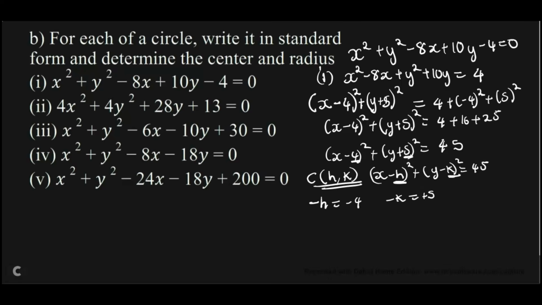Then what is your radius? Say r squared equal to 45, such that your h equal to 4, then your k equal to negative 5. Then your r, or the radius, you find the square root of that. Now here we use surds. How do we use surds in this situation?